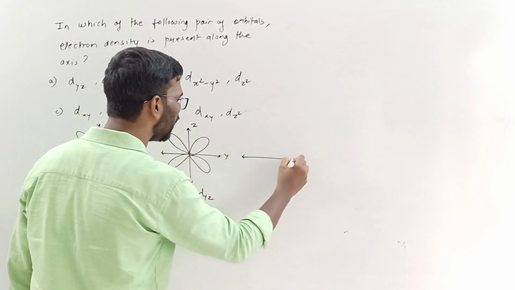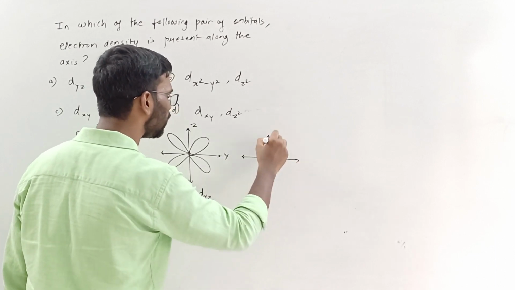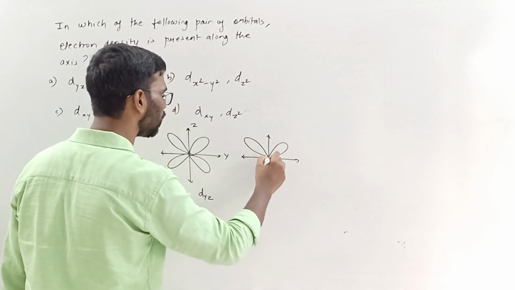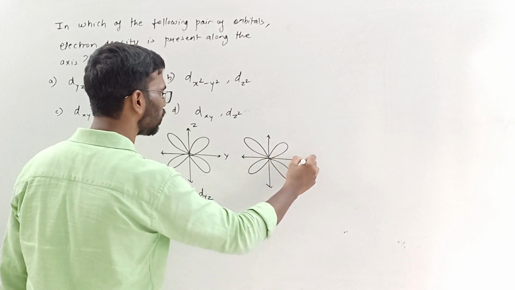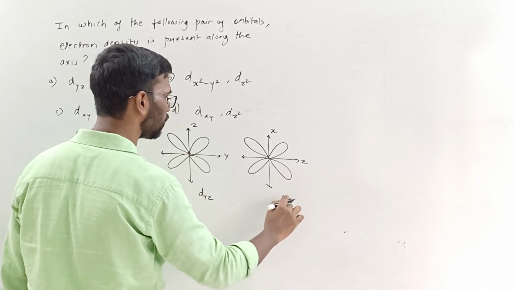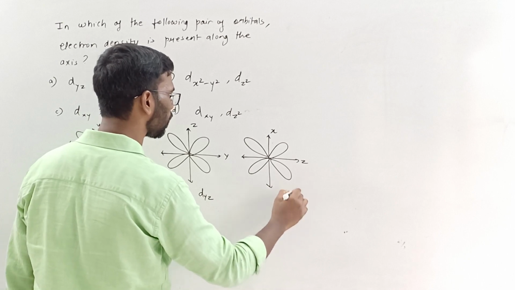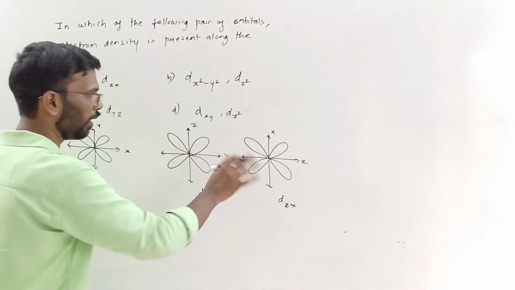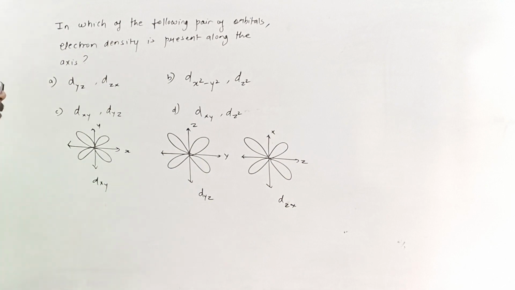And in the same way there is dzx, with the z-axis and x-axis. So this is dzx, right? It is on the xz plane, and it is in between the axes.